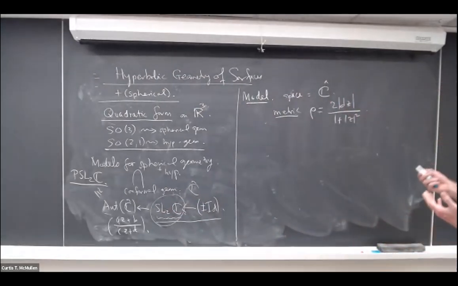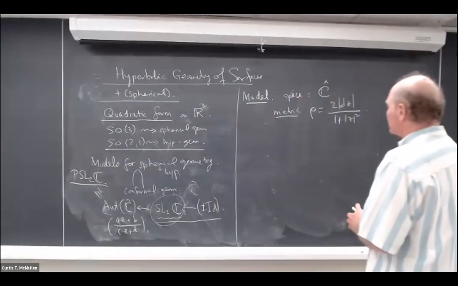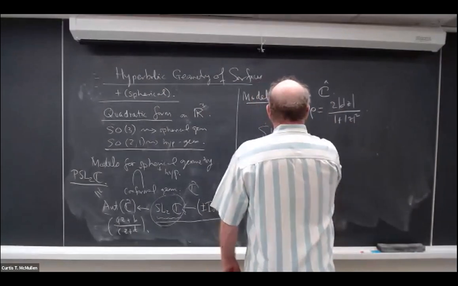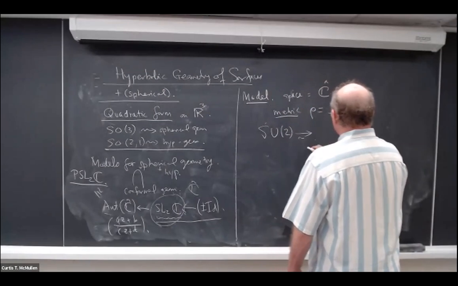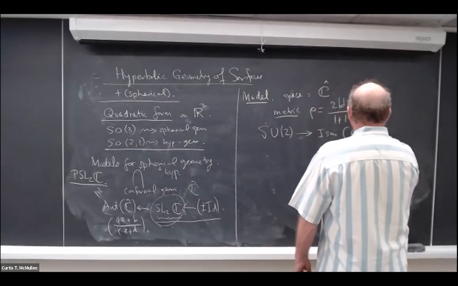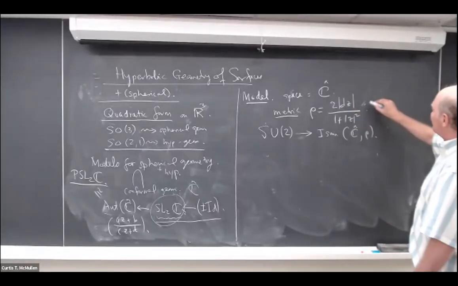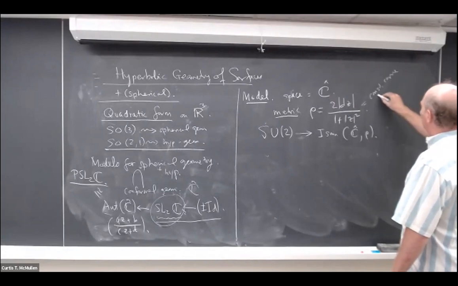So what does the symmetry group look like inside of the group of Mobius transformations? It looks like the group SU2. So SU2 is essentially the isometry group of the Riemann sphere with respect to this metric. And this metric turns out to have constant curvature plus 1.